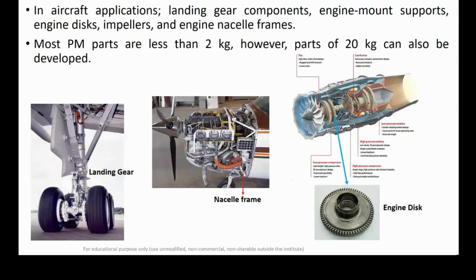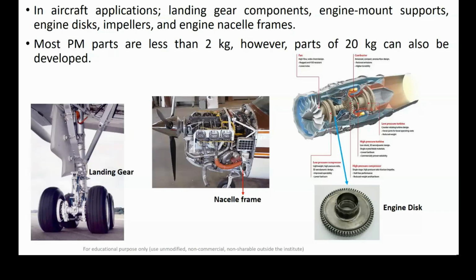And a very interesting application in aircraft is the landing gear components. You can see here in the figure a landing gear, through which your aircraft lands on the surface while returning back to the runway. Then there are engine frames, in which different engine components are mounted.